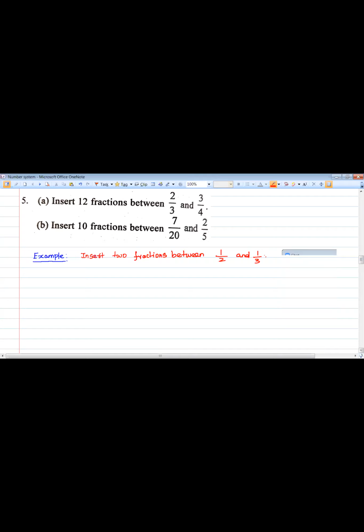Dear students, I will explain with 3 methods. Whichever method you feel convenient and comfortable, you can use that method for solving. Got the point? Now, method 1.